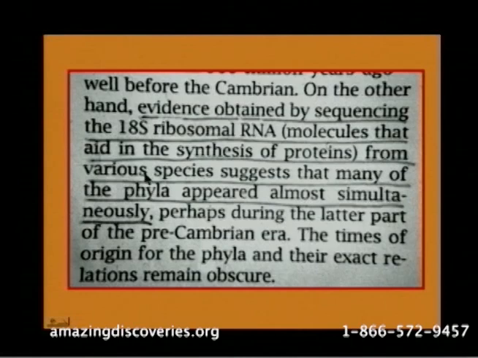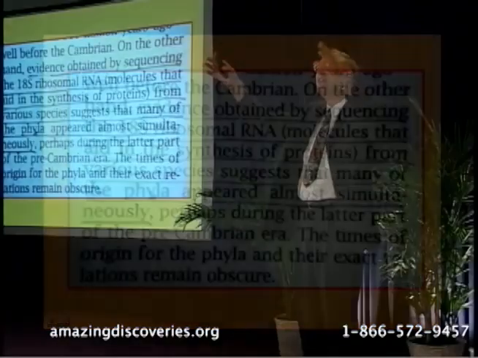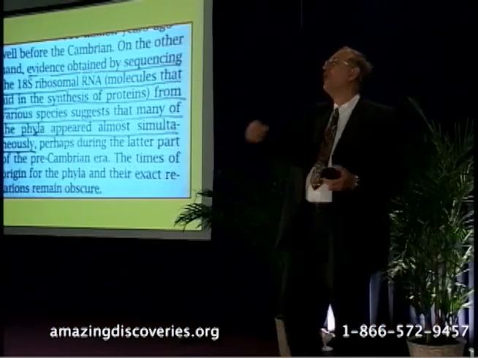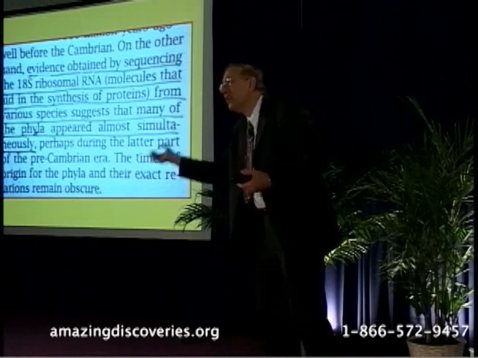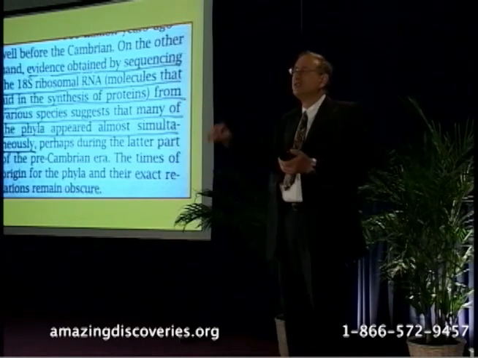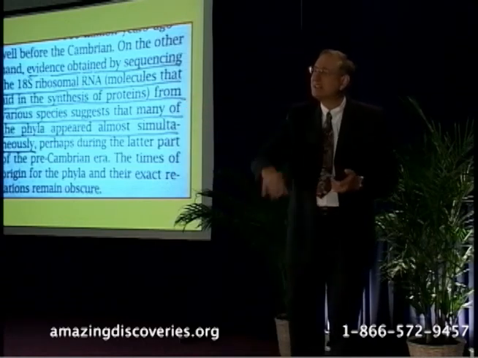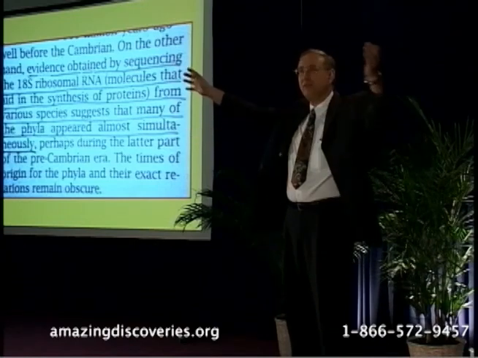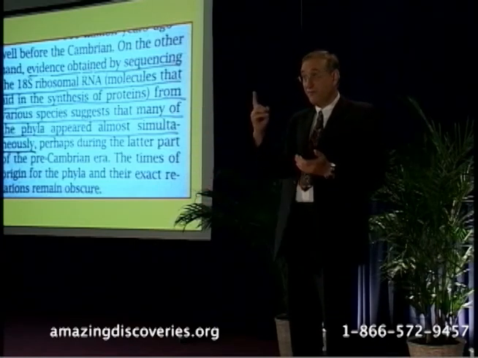that suggests that various species and many phyla, now what's a phyla? That's a huge category of animal. For example, all the snails, all the slugs, all the marine mollusks, all the squids and the octopuses, and all of that constitutes one phylum.